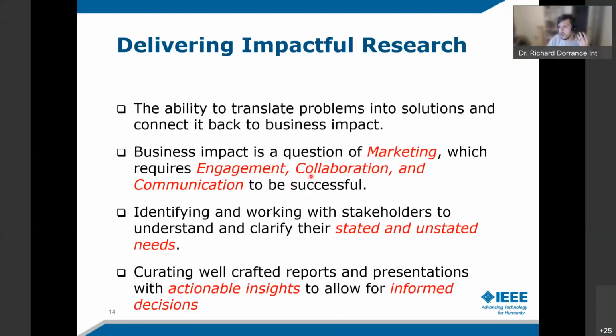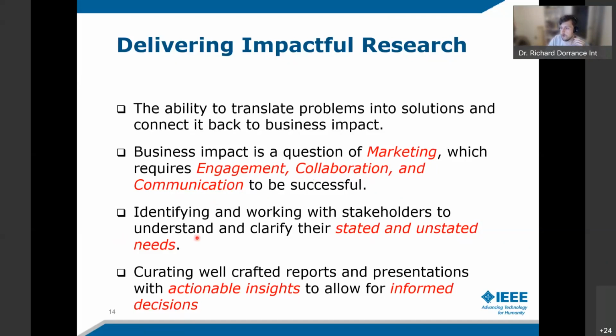And you need free-flowing communication of information between yourself as the researcher, the stakeholders it affects, and then ultimately being able to sell that to a wider audience that maybe doesn't know it affects them.